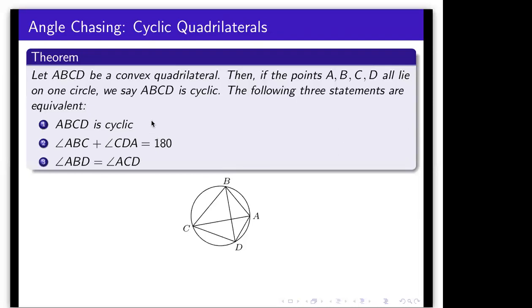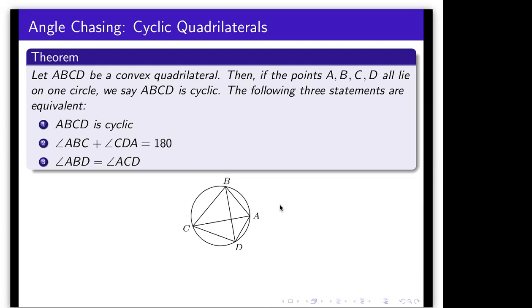Being cyclic is equivalent to opposite angles adding up to 180 degrees, and also angle ABD equals angle ACD. For this third one, angle ABD and angle ACD both subtend the same arc AD, so this is basically the result of the inscribed angle theorem.